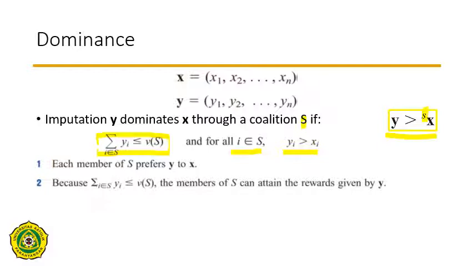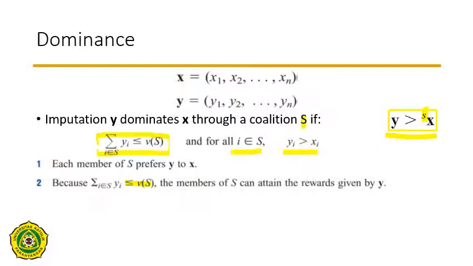Remember that v(S) is the characteristic function, or the value that the coalition S can receive, right? If the sum of the rewards is less than or equal to v(S), it means that the reward offered by imputation y is reasonable.